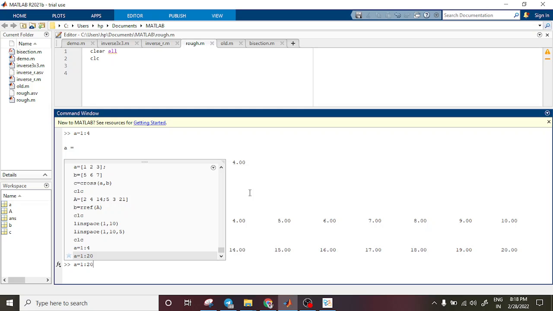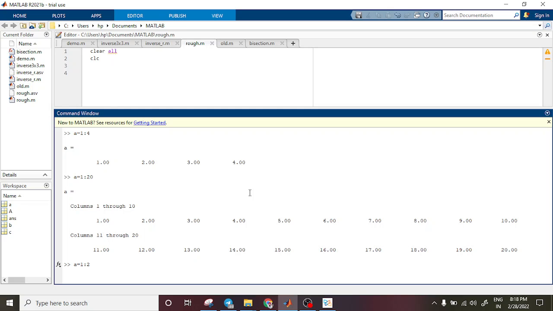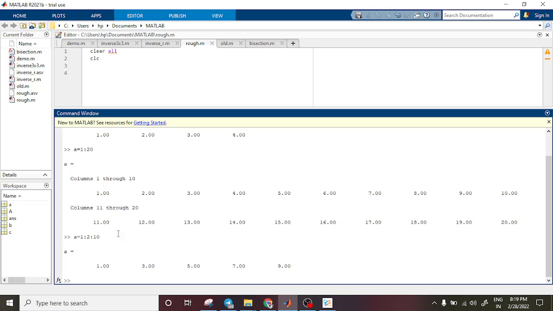But if you mention one more value, 1:2:10, now this is very important. The center number represents the difference. You can see this 2 represents the difference: start with 1, then plus 2, plus 2, plus 2 up to 10. So 10 is not coming here, it's taking only up to 9, right? So the center one represents the difference.